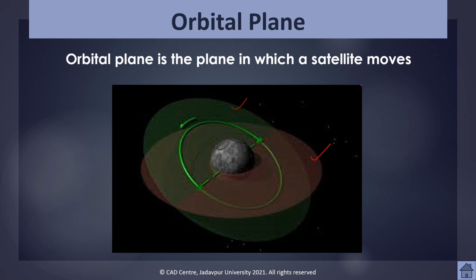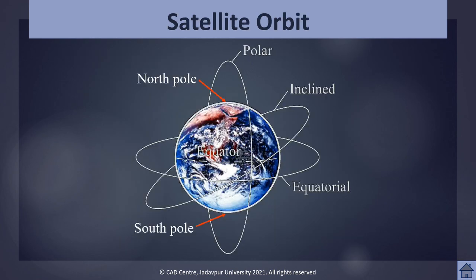I mean, basically the plane on which the satellite rests is called the orbital plane, or the plane in which a satellite moves. Now this is the orbit and this is the orbital plane.